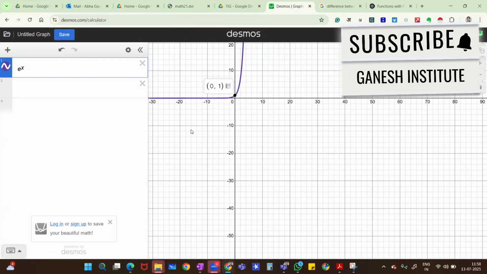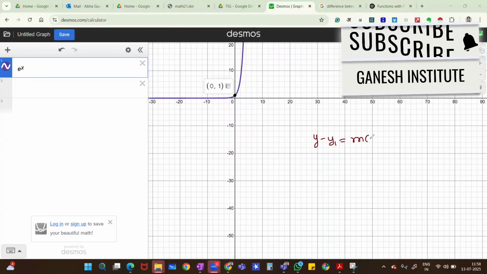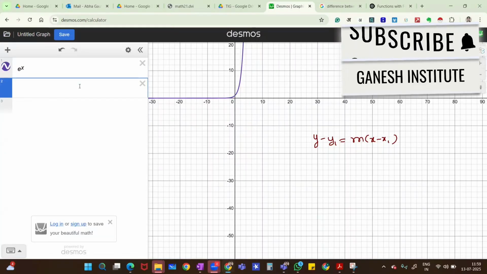Ma'am, through that vertex, it could be x square plus 1. How did you determine it? Ma'am, x square, the vertex is 0, 0. So plus 1, it increases by 1, so it will pass through that point.